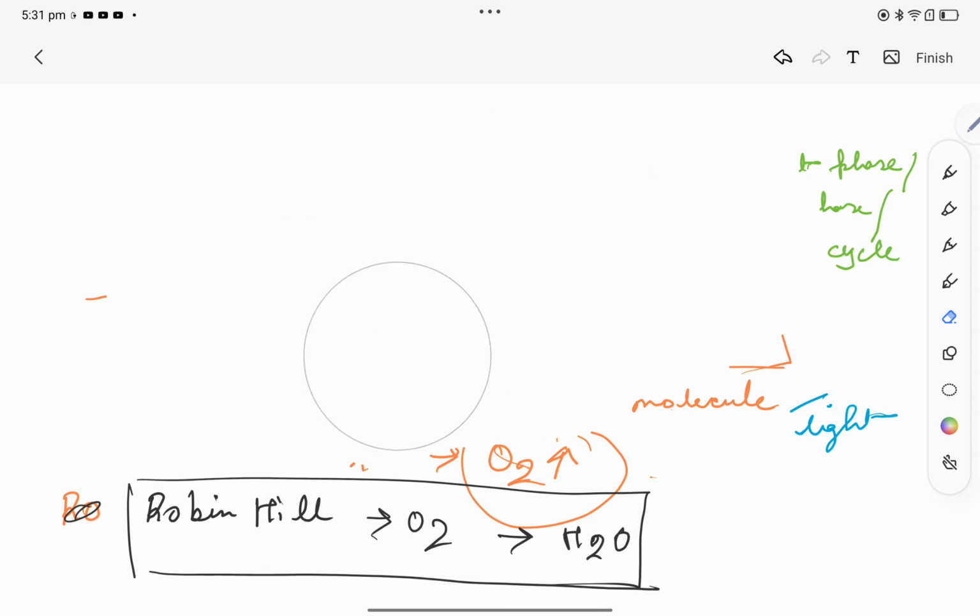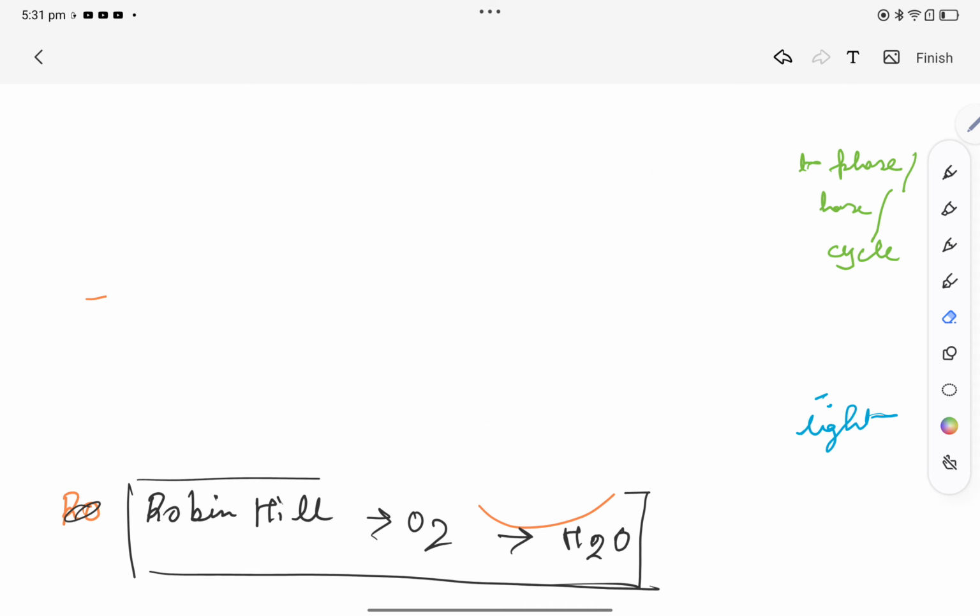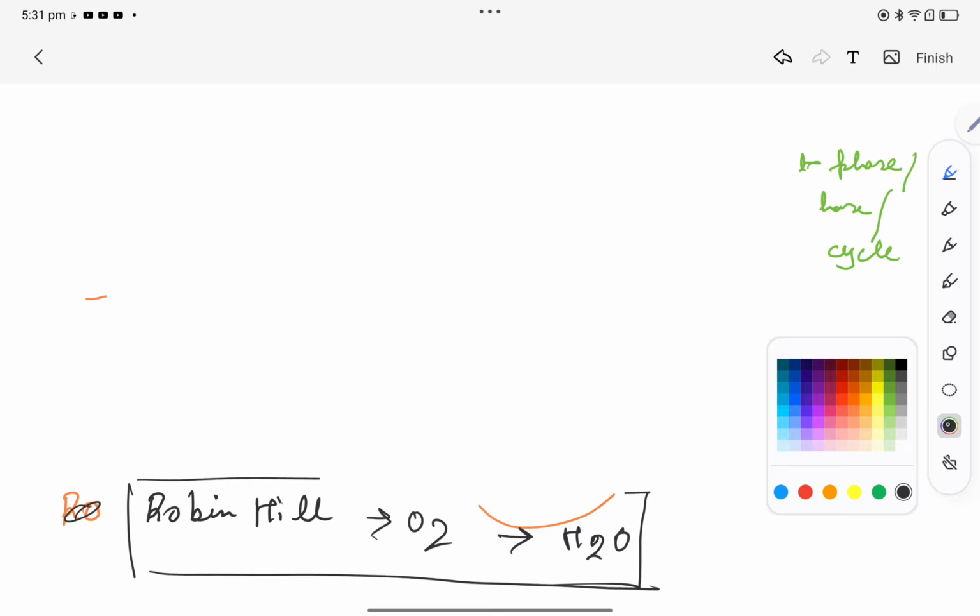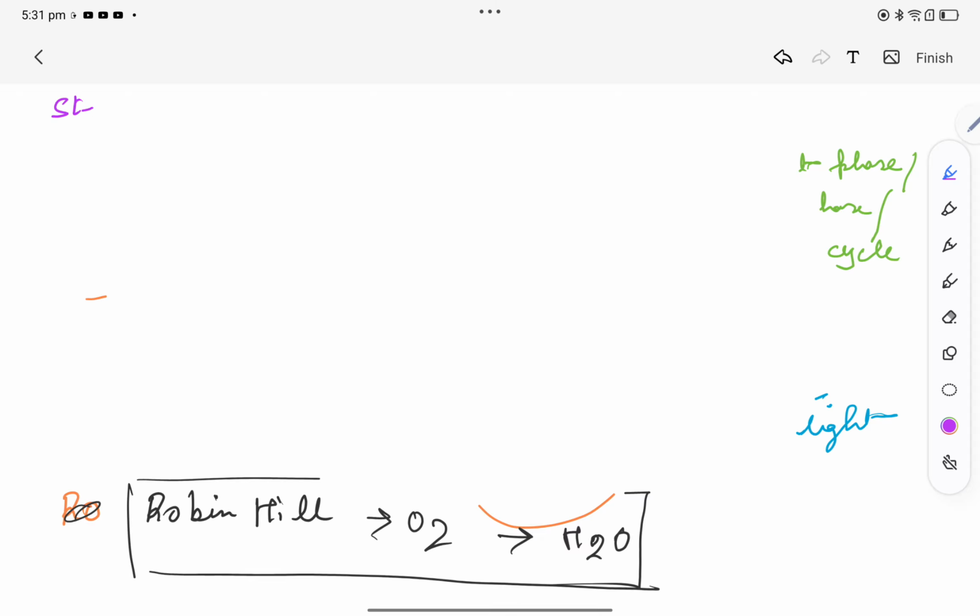Step 3. Here ATP is formed. This step is called photophosphorylation.